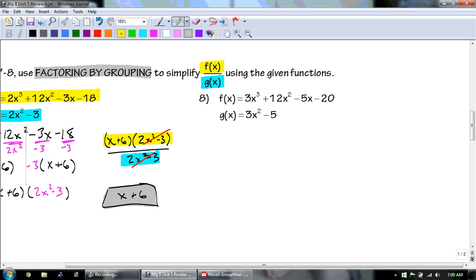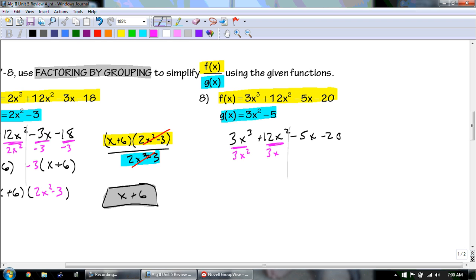Okay, we're going to do the same thing for 8. I'm going to start with f of x, I'm going to factor that, and then we're going to divide it by g of x. So my f of x is 3x cubed plus 12x squared minus 5x minus 20. Okay, and I can take out a 3x squared from both of these.